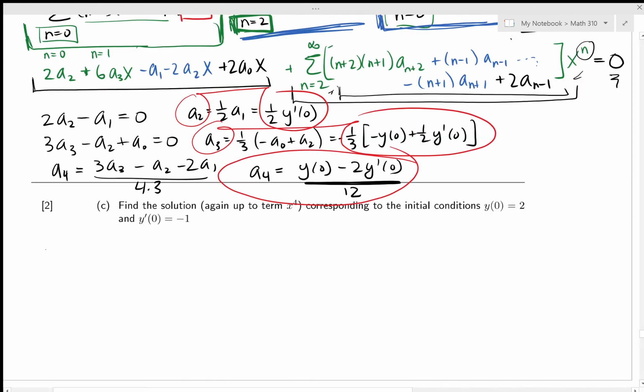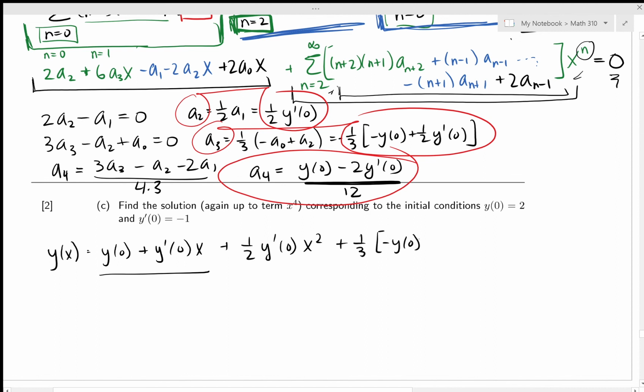I know from the previous part that y of x, actually I used x as the independent variable, y of x is y of 0 plus y prime at 0 times x, plus 1/2 y prime at 0 times x squared, plus 1/3 times minus y of 0 plus 1/2 y prime of 0 times x cubed, plus y of 0 minus 2y prime of 0 over 12 times x to the 4.